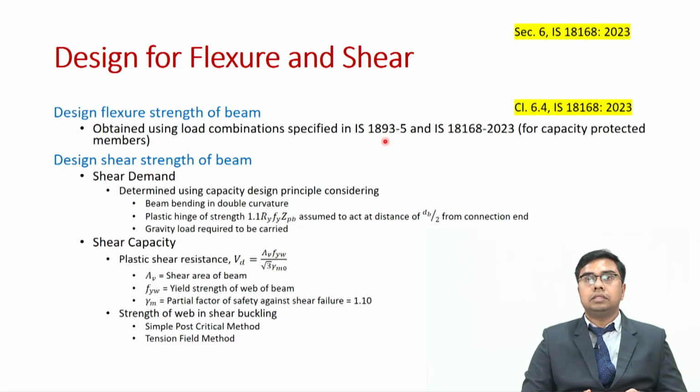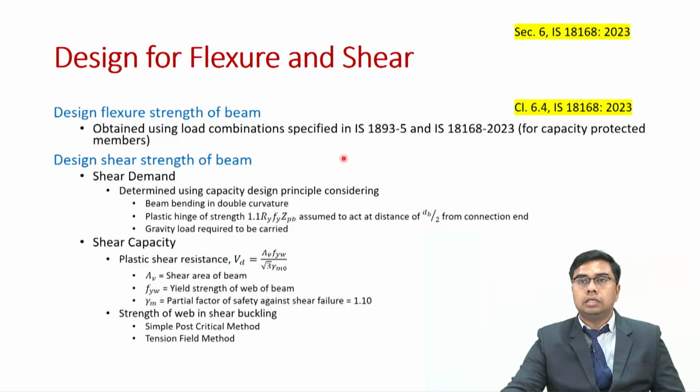Then we need to assess the design shear strength of the beam, whether the shear strength of the beam is higher than the shear demand or not. In order to estimate the shear demand, we need to consider the capacity design principle, considering beam bending in double curvature, plastic hinge of strength 1.1 times Ry times Fy times ZPV, assumed to act at a distance of dB by 2 from the connection end, and the gravity load required to be carried.